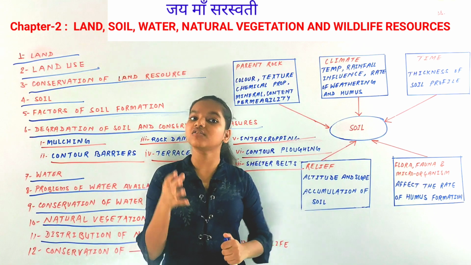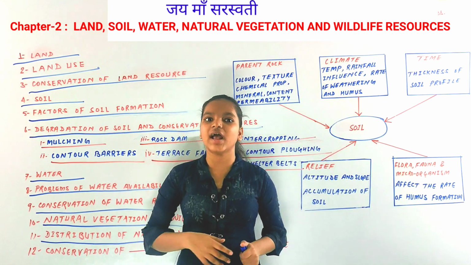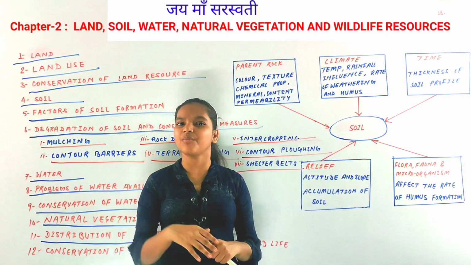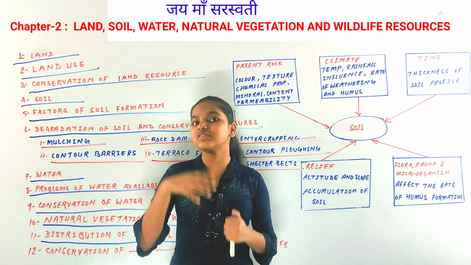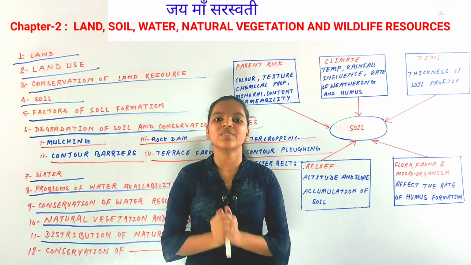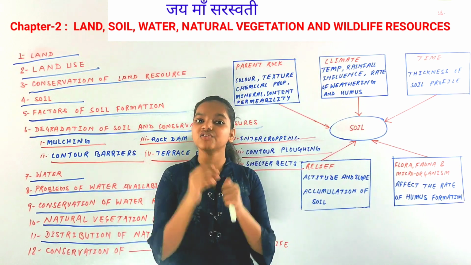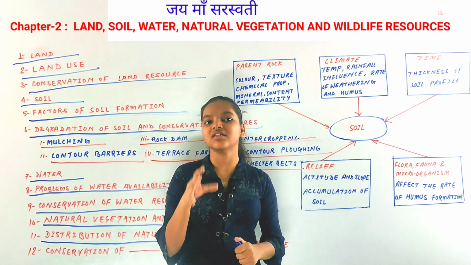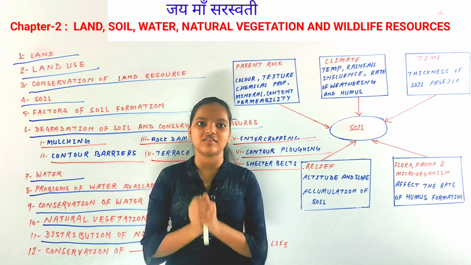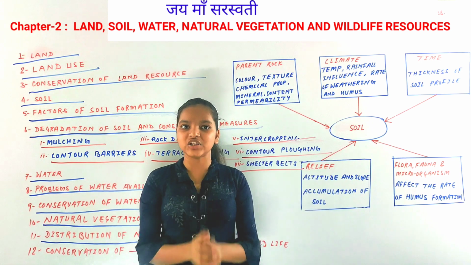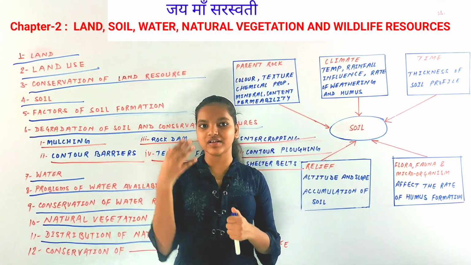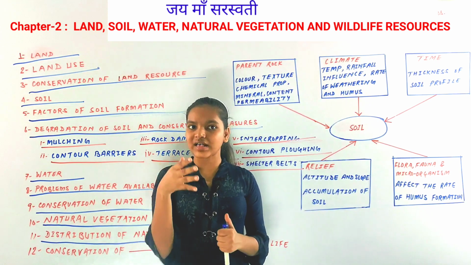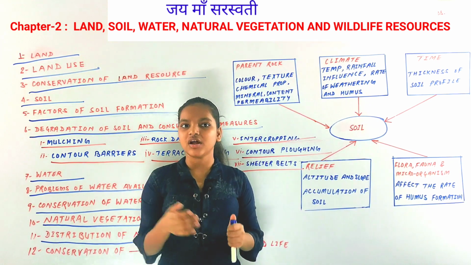Hot deserts are also a type of scrubs because only cactus or an oasis grows there. And last is tundra regions. Tundra regions are regions where there are only mosses and lichens. So these are the 4 types of natural vegetation: forest, grasslands, scrubs and tundra regions.